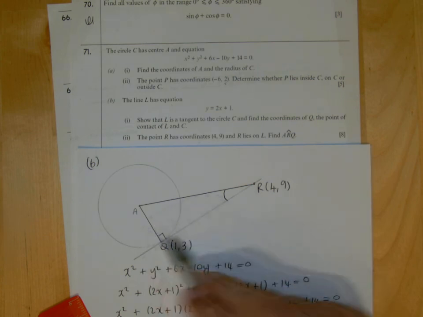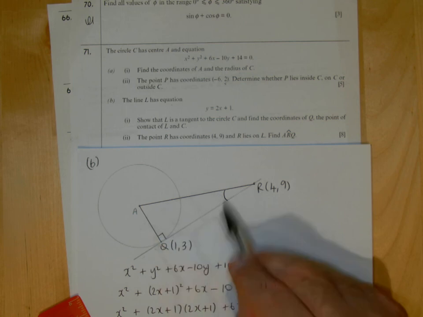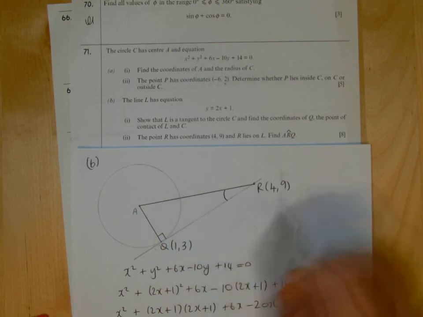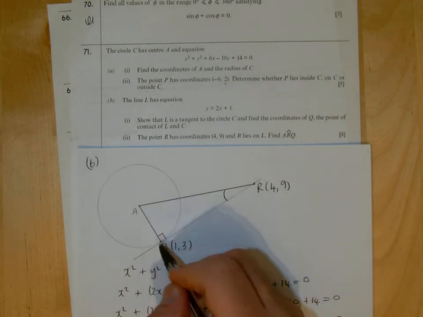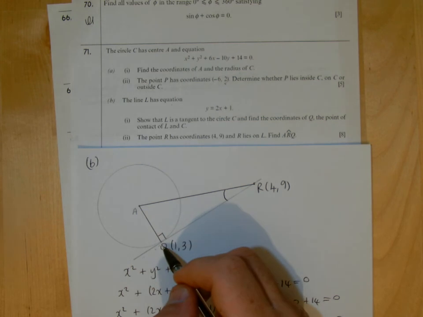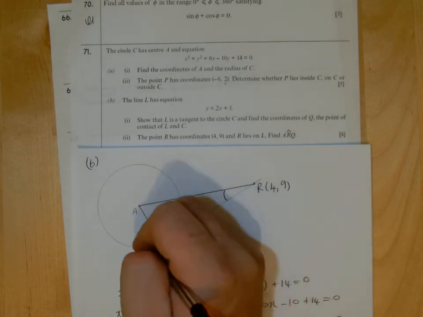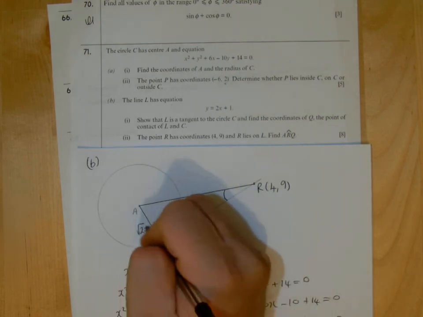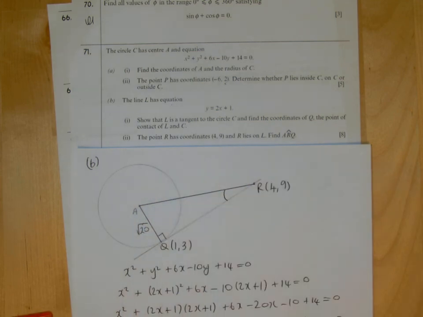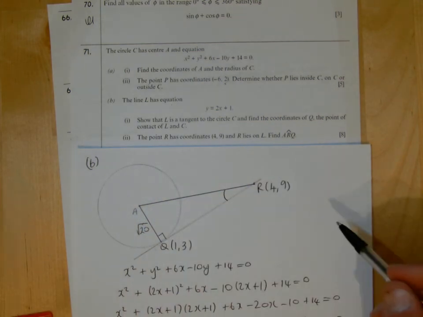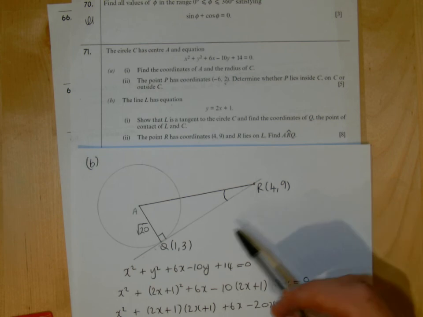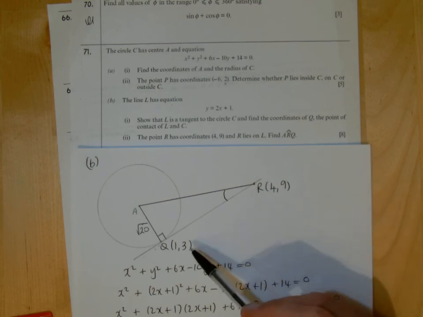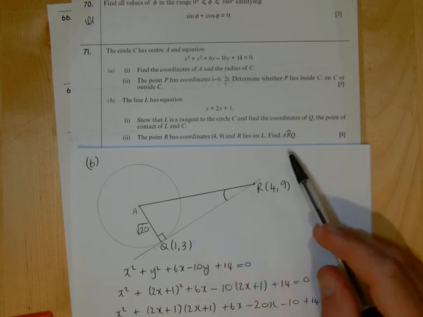So we've now got a right angle triangle. Now we know the distance A to Q, because that's just the radius of the circle, which I believe was square root of 20. So all I need now is to work out the distance of another side. Once you've got two sides, then I can work out the angle.